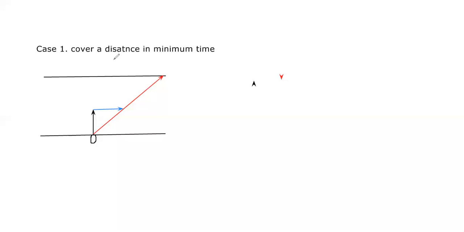Now the man wants to go to point A, but after crossing the river he is actually at point B. This is the velocity of man Vm, this is the velocity of river Vr, and this is the velocity Vmr. In this diagram, Vmr is the hypotenuse, so we can apply the Pythagoras theorem: Vmr square equals Vm square plus Vr square.